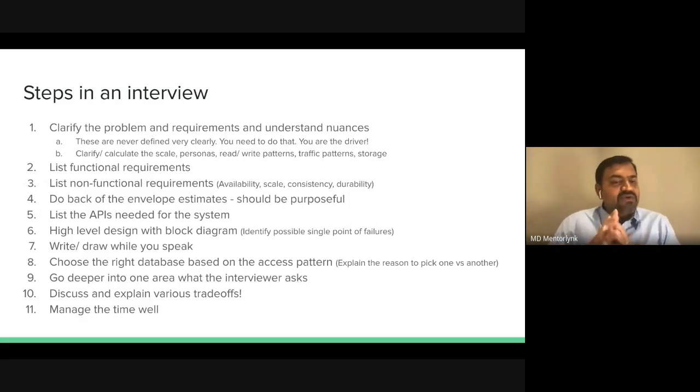That gives you clarity, first of all, that you've understood the requirements. Second, it gives you a segue into how you would build the system up. It gives you clarity and the interviewer also clarity.